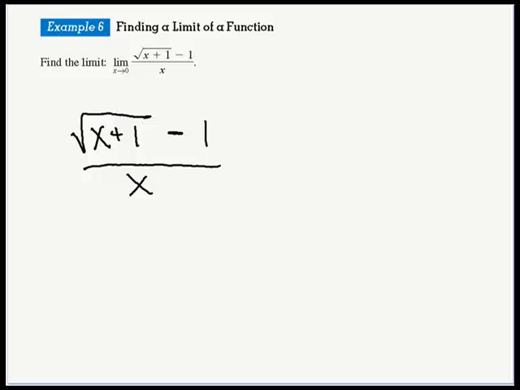We have this radical. I want to multiply by something that's going to get rid of that radical, and I'm also going to have to multiply the denominator by the same thing. So we need a conjugate. What is the conjugate of the numerator? Well, the conjugate is going to be the same two terms with a different sign. This here is a minus sign, so my conjugate's going to have a plus sign.